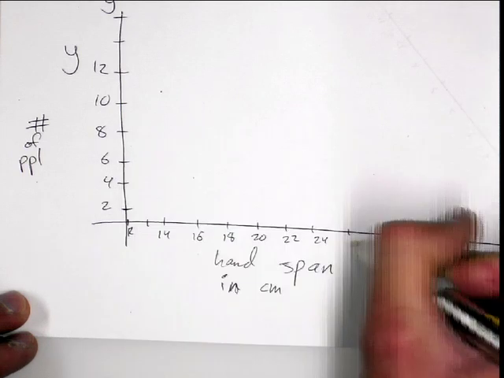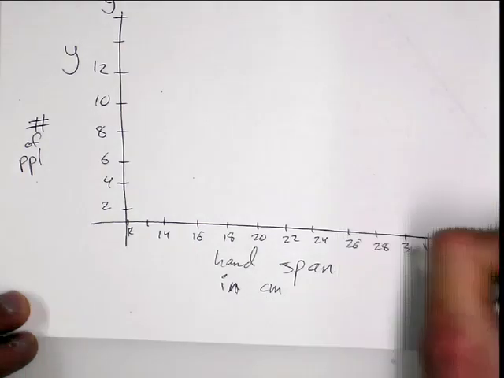So we're making the x-axis, and he's putting it in increments of 2 centimeters. Okay, now sketch what you think that would look like. Basically a double bell curve.